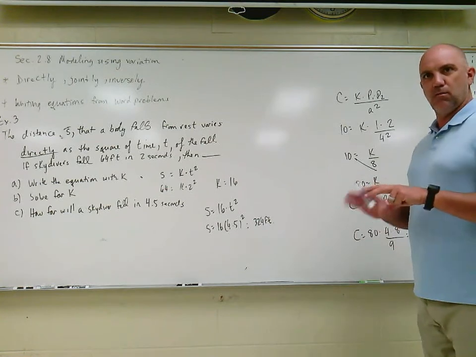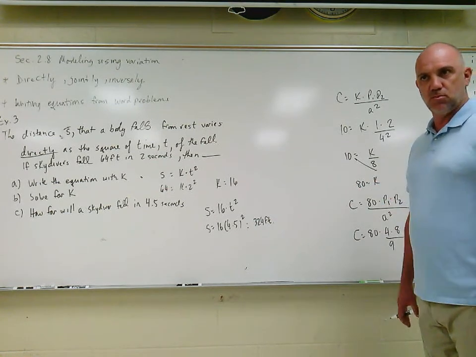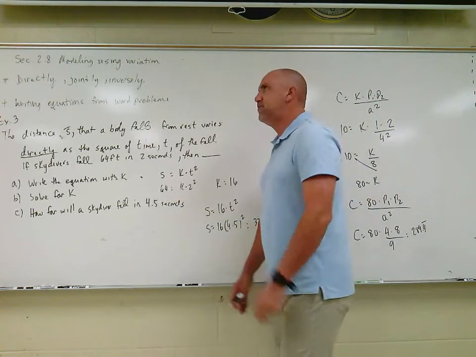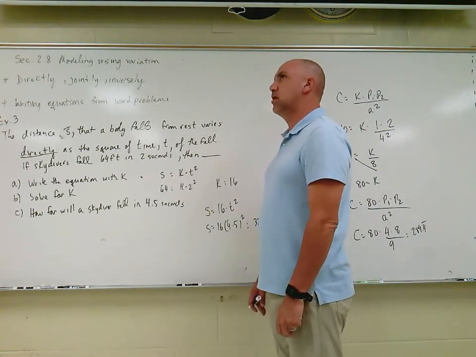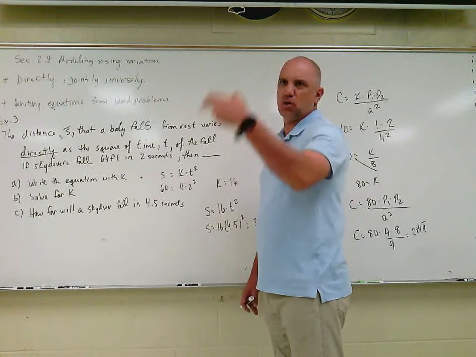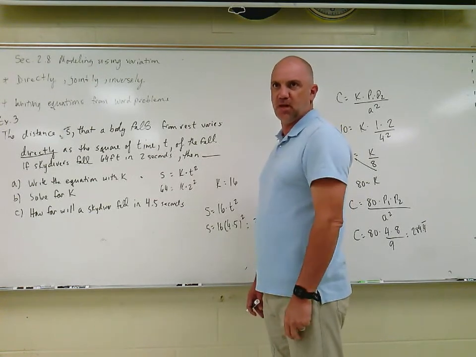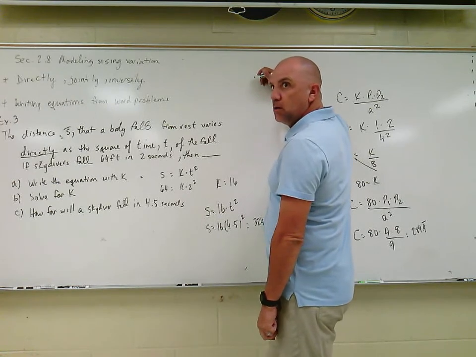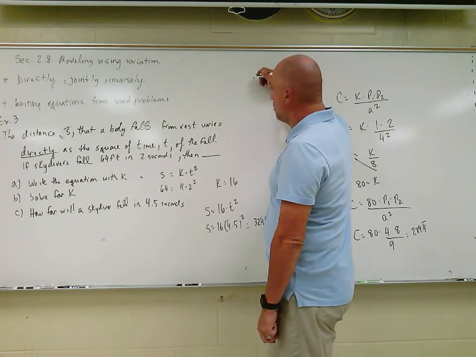Are we getting it? How do you feel? The last thing they may ask you to do is, let's just say, V varies jointly with G and the square of M. What would that equation look like? V varies jointly with G and the square of M. What would that be?